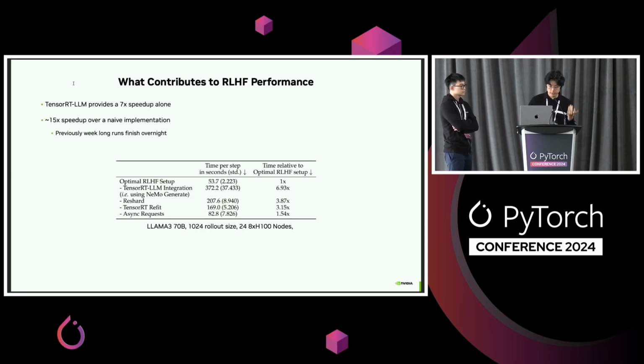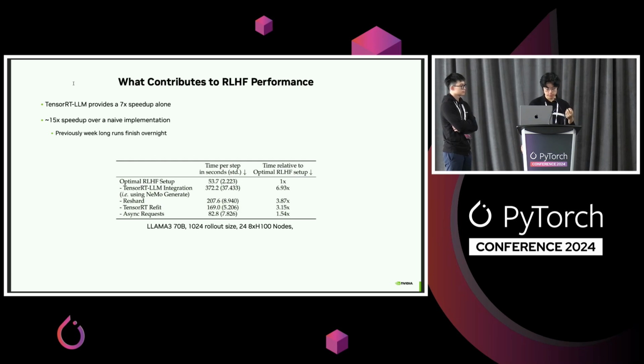So I've talked about 3 really important perf optimizations. Here in this table, we have a small ablation where we turn off each perf feature, and you can see each of them gives really great perf. The most important perf optimization is indeed TensorRT-LLM for inference, and that optimization gives us a 7x speedup alone.